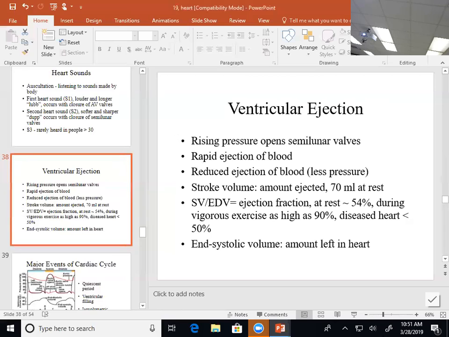I'm not going to ask you that, because it's going to depend on your patient, their size, their age. Depending on the patient's demographics, you're going to have tables that tell you what Julie should be putting out with each stroke, each ejection. So we're going to know what she should be doing.